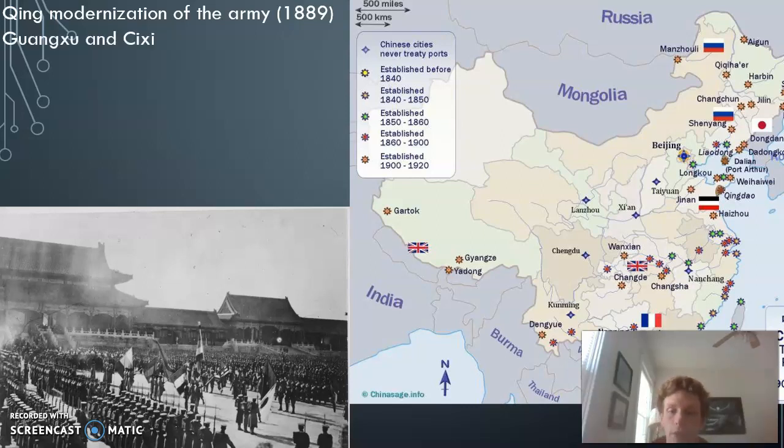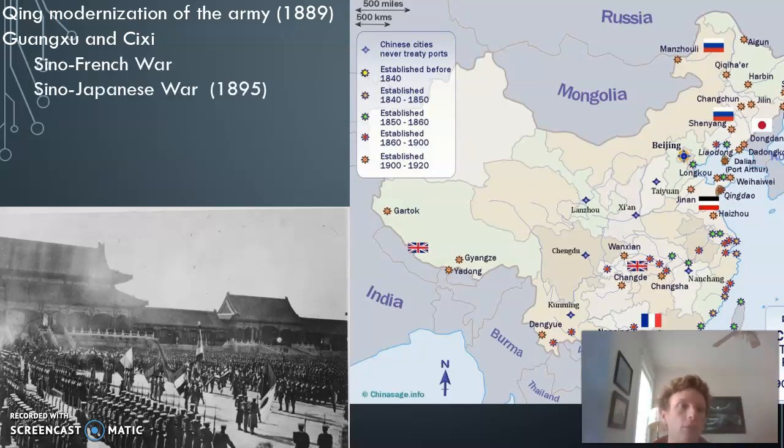They are led now by the Emperor Guangxu and his dowager aunt Cixi, and they are able to defeat a French effort to invade China from the south. They are nevertheless still defeated by the Japanese in 1895. Remember that by this point, the Japanese have become a pretty modern nation when it comes to military and technology.